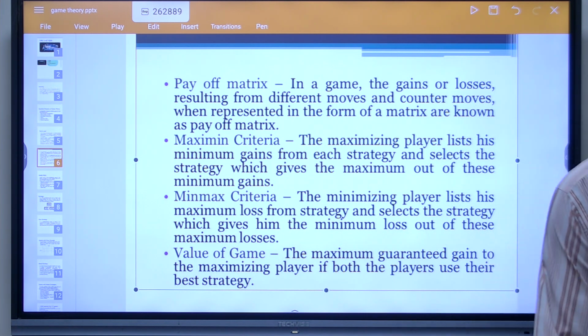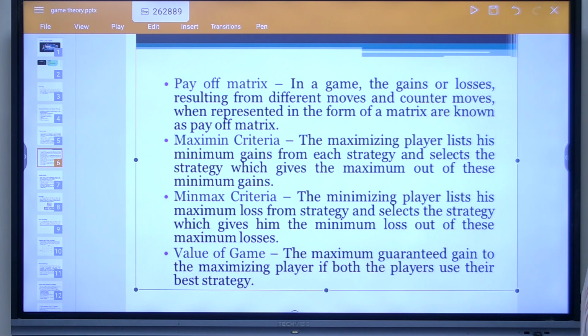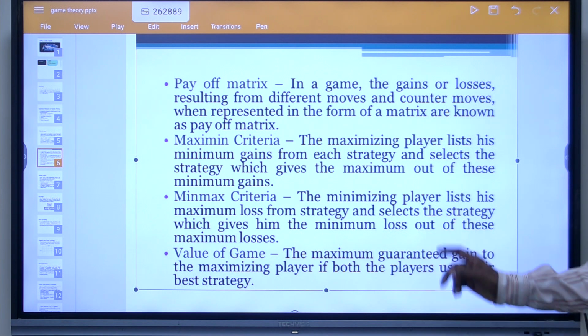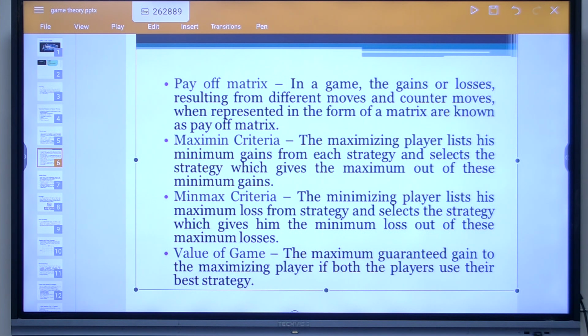That means the loser is adopting the minimum loss strategy, and the profit making player is using the maximum gaining strategy. If both strategies are selected at the same time, they will give you the value of the game, and that is the solution. That means A will adopt the A3 course of action and B will adopt the B2 course of action. This is the value of the game.